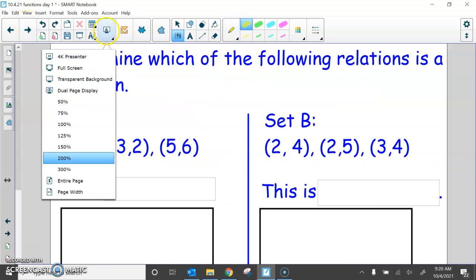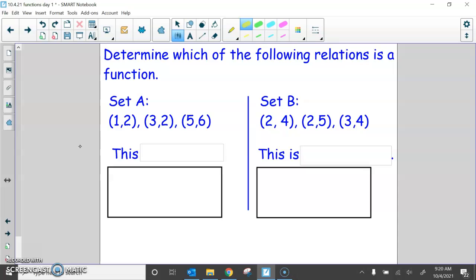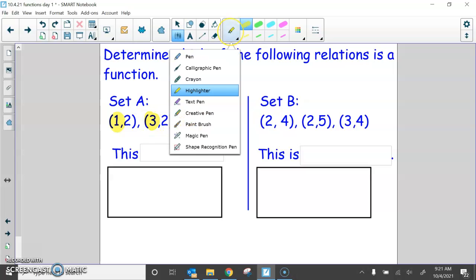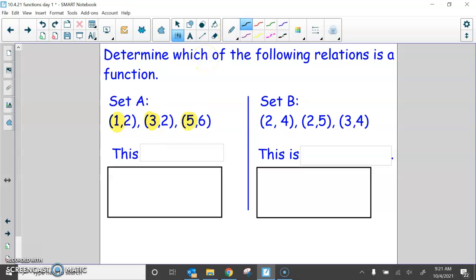So let's see if we can determine which of the following relations is a function. Every time you're trying to determine if it's a function or not, you need to look at the x values. When we're doing this, the x's cannot repeat.